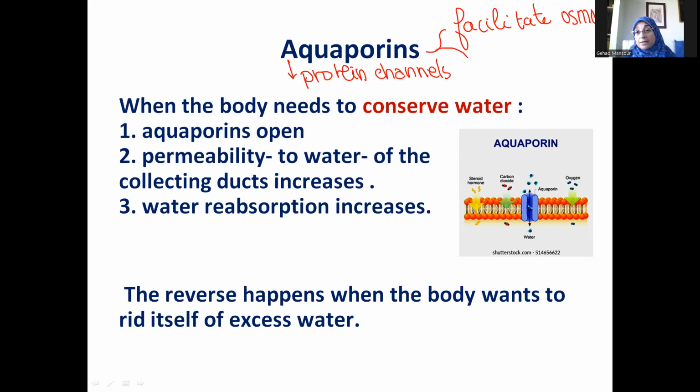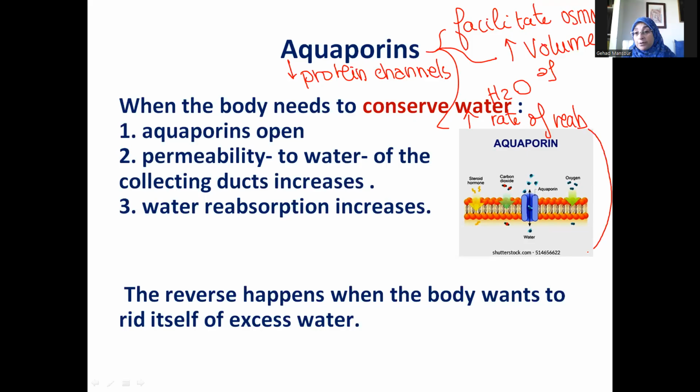How do they facilitate osmosis? They speed up osmosis. They increase the volume of water that is being reabsorbed, and therefore we can just say that they increase the rate of reabsorption. However, this reabsorption is still passive.